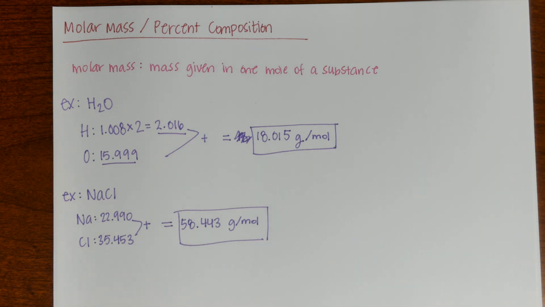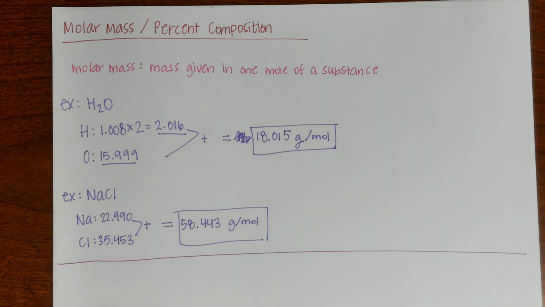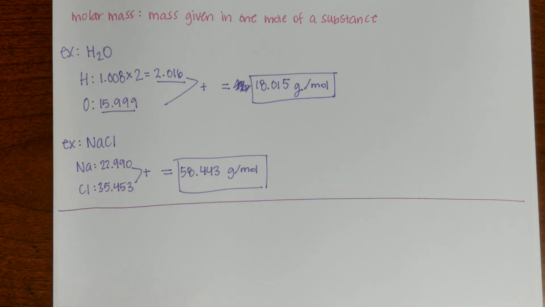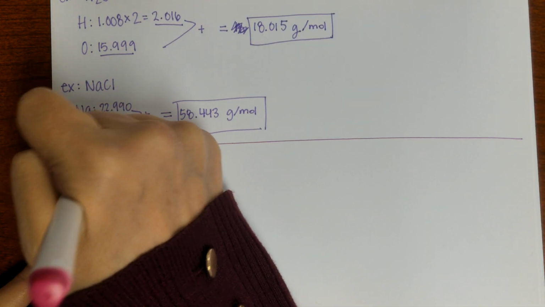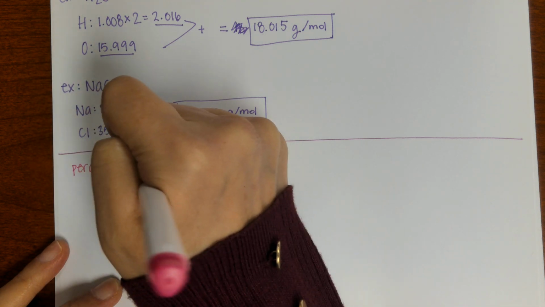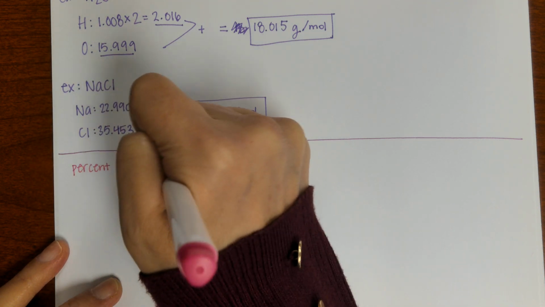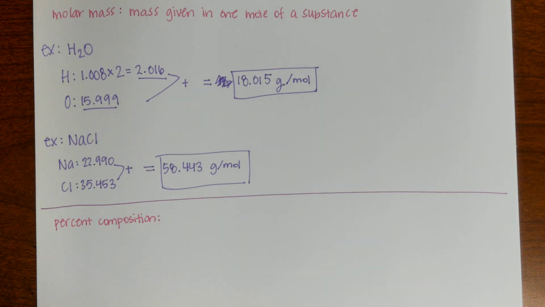So now we're going to move on to percent composition. Percent composition is essentially telling you how much of an element is in a whole compound.